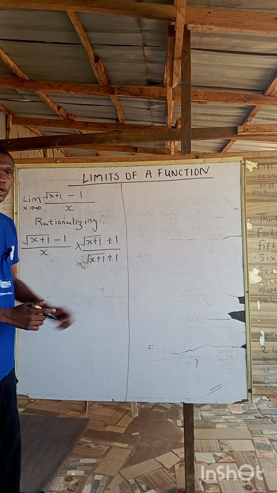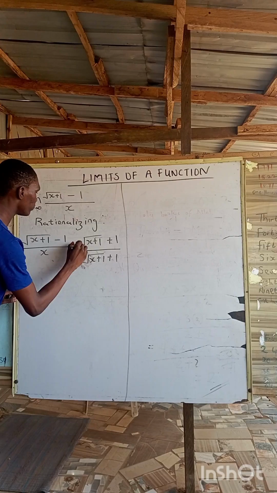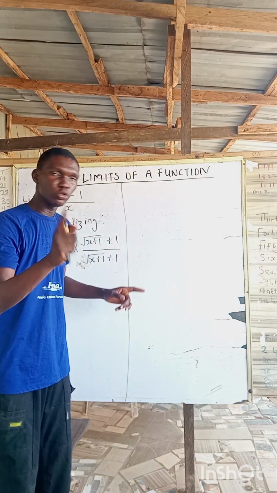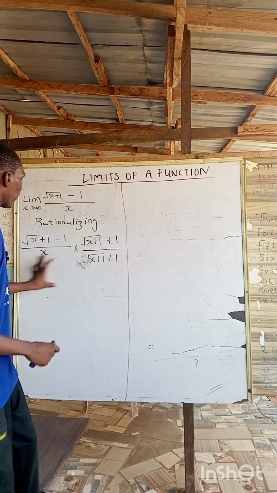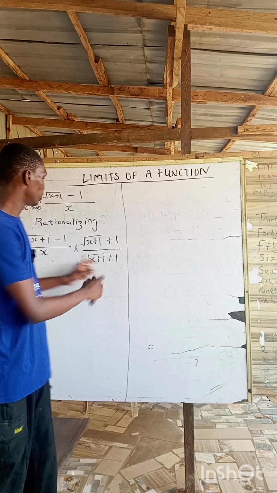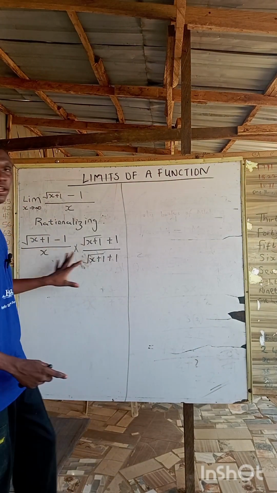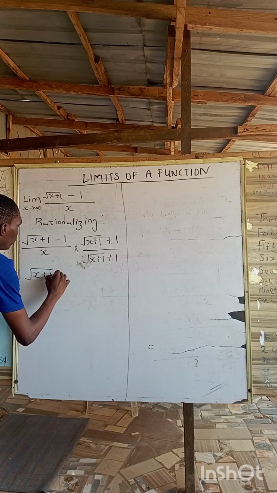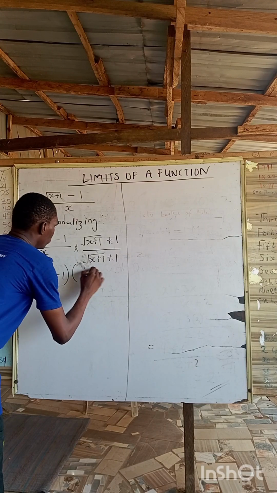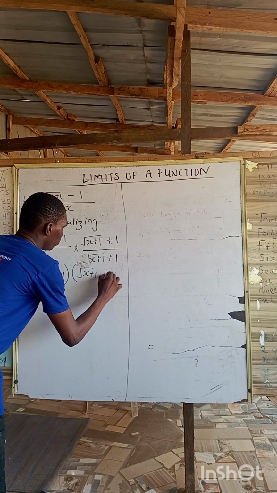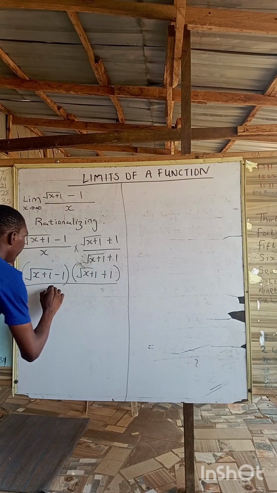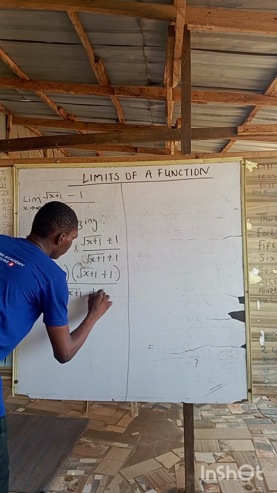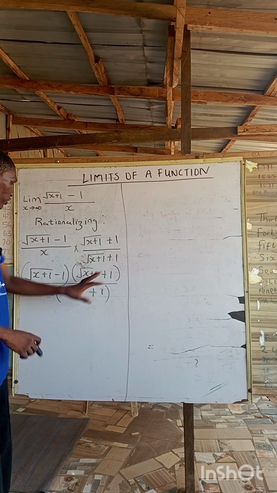When you rationalize by taking the conjugate of the numerator, in most cases we don't need to expand the denominator; we only need to expand the numerator. So we have (root x plus 1 minus 1)(root x plus 1 plus 1) over x times (root x plus 1 plus 1).